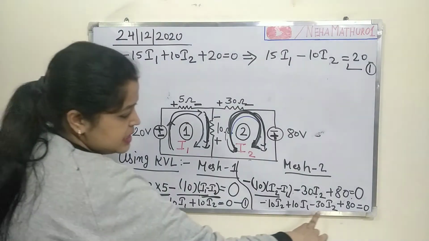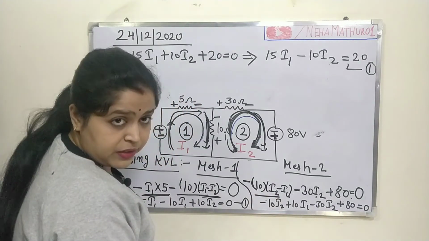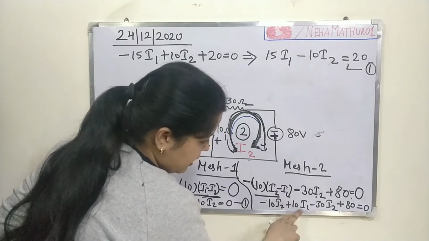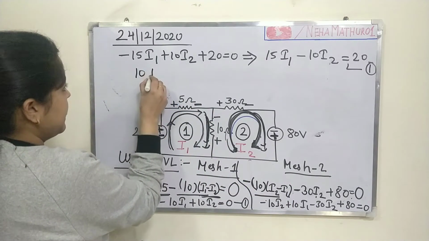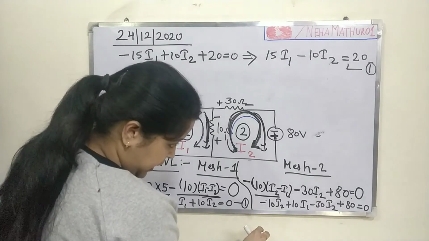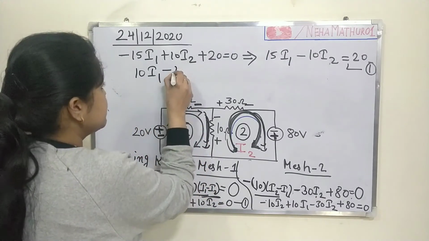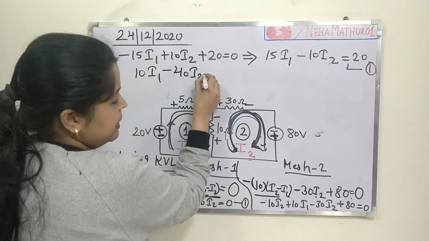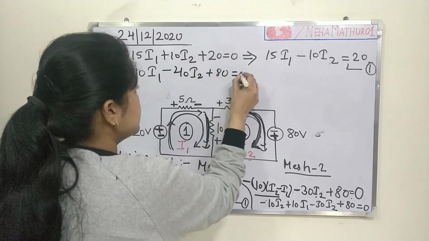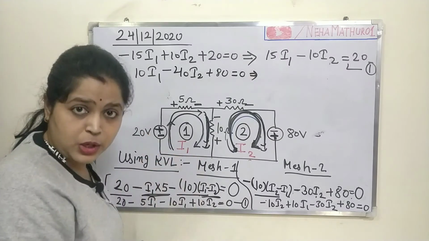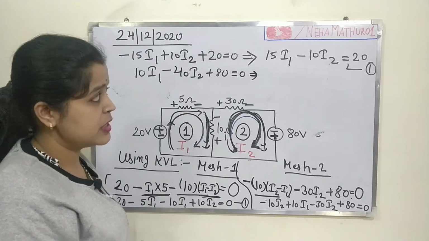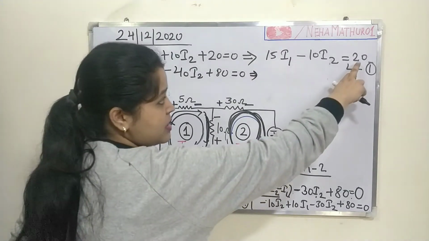Similarly, come to this equation, collect I1. Here you have only one I1, which is 10 I1. What about I2? Minus 10 I2 and minus 30 I2. So you have minus 40 I2 plus 80 equals 0. Since you want to solve this with mathematical concepts, you will have to separate the constant like this.